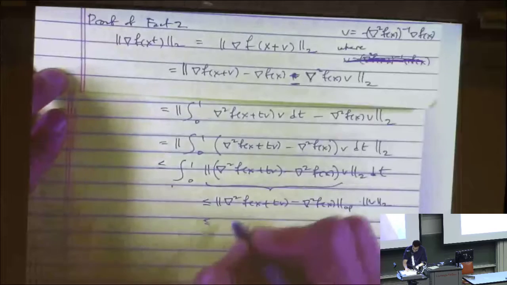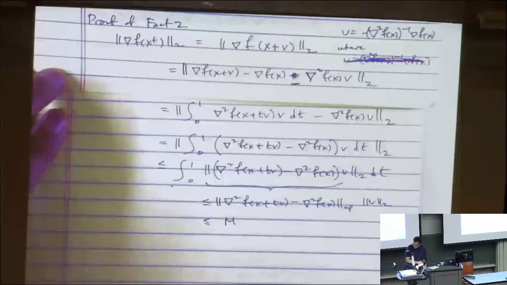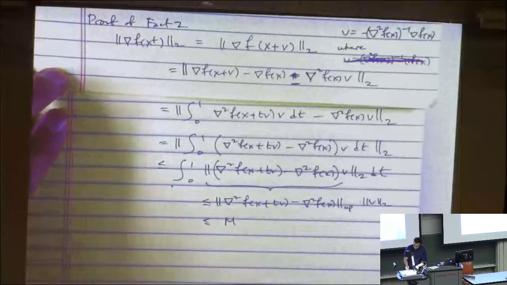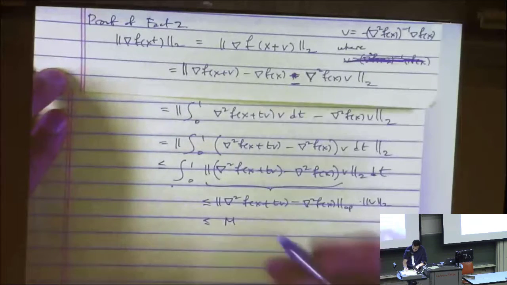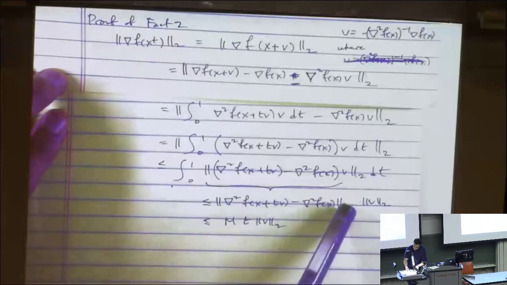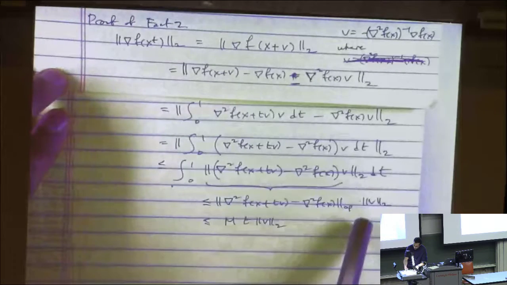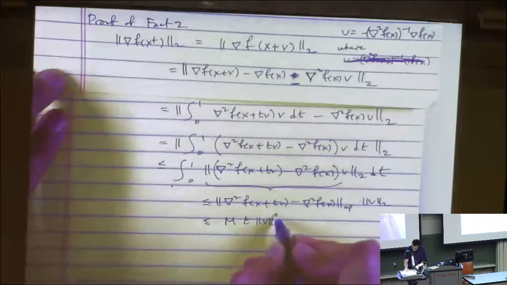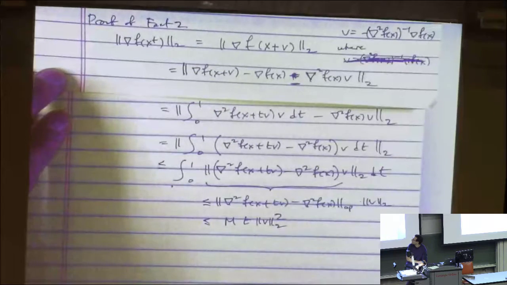This thing is less than or equal to m times the difference between, let's say, this point y and this point x. But that's exactly t times the norm of v. That's the difference between these two in norm. And I had another v, norm of v here, so that's norm of v squared.